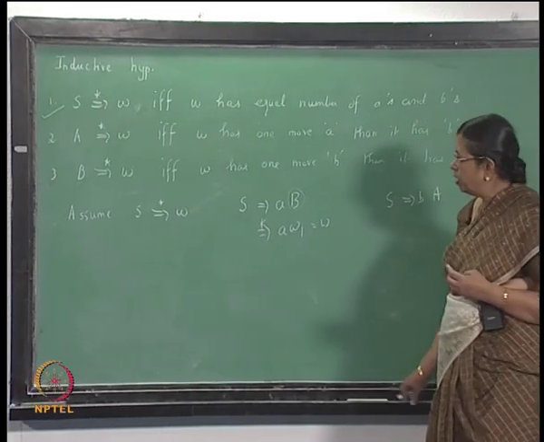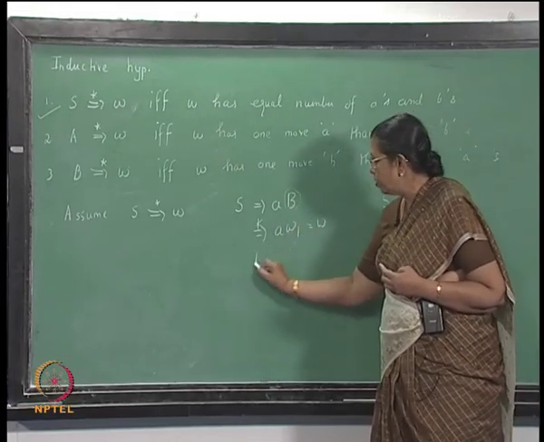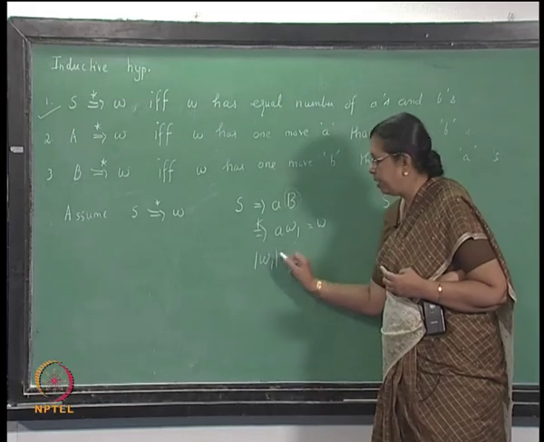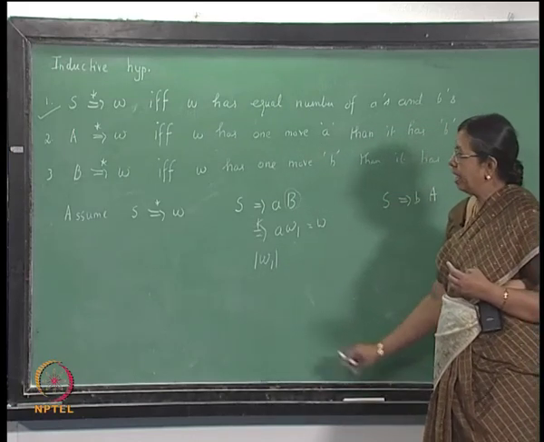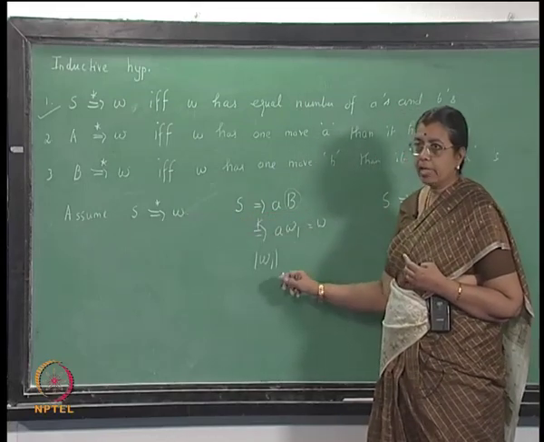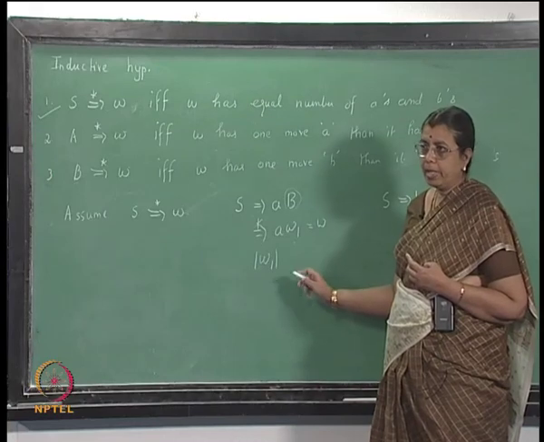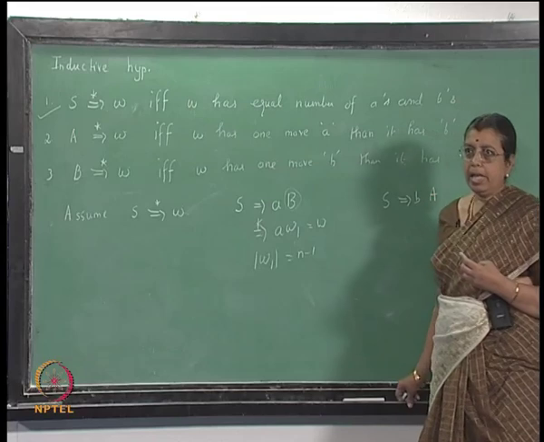Okay. So, W1 is derived from B, and what can you say about the length of W1? Length of W is n, and A is taken away. So, the length of W1 is n minus 1, right.